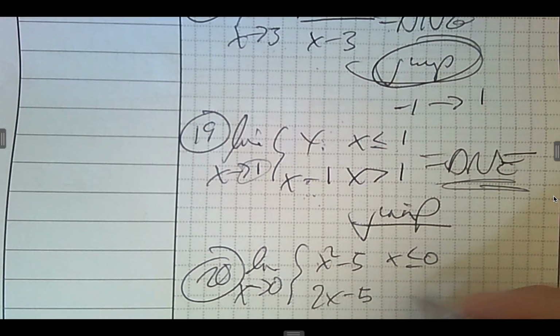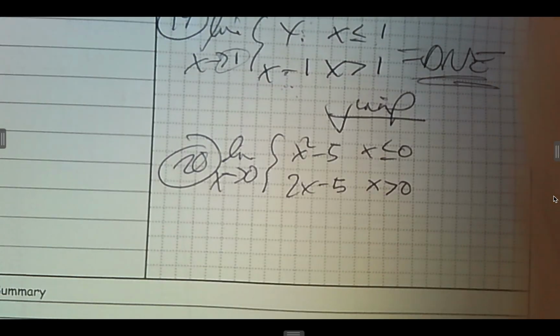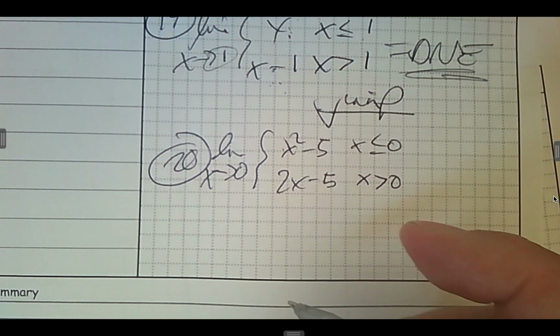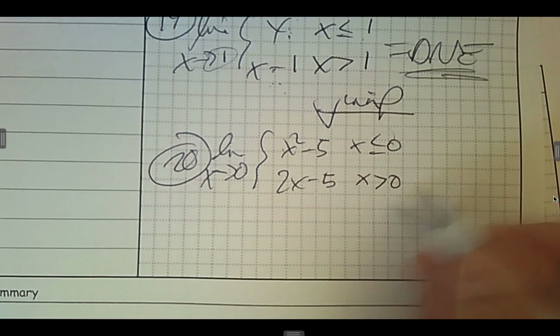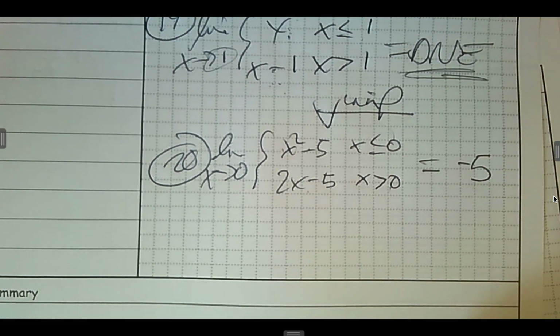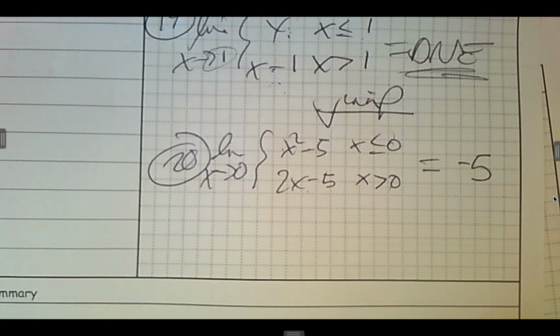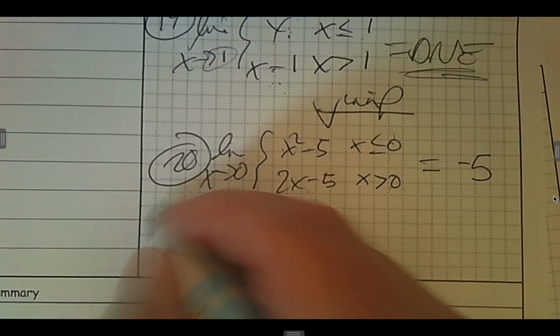That's valid when x is greater than 0. So what's happening at 0? When you plug it into the top and plug it into the bottom, they both agree what the limit is. Both the top and bottom are approaching negative 5. So there is no jump there. It's a continuous function.